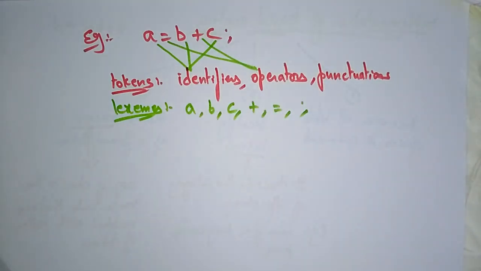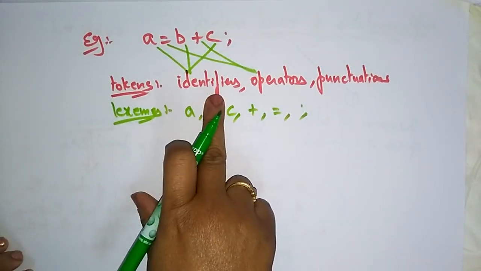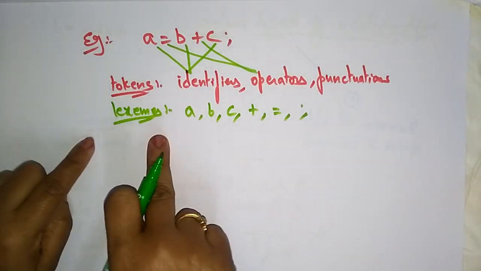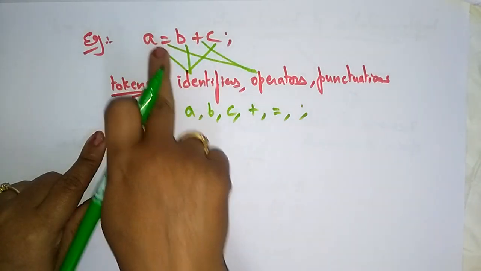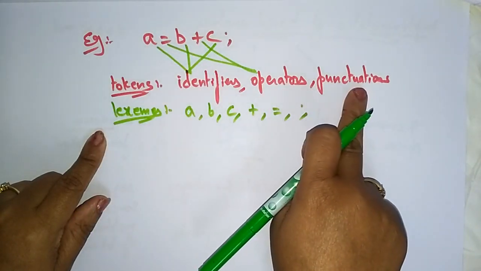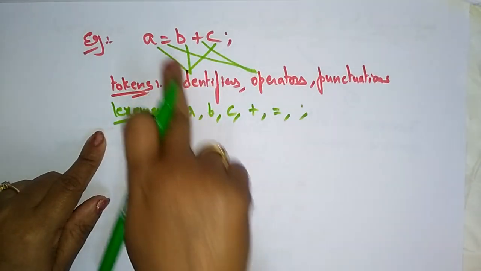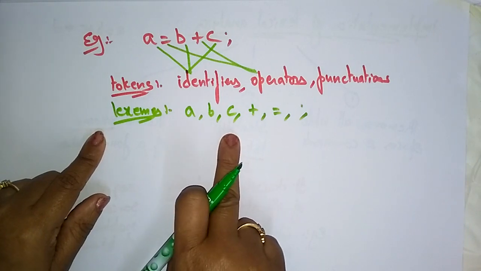These are the lexemes. So in the given source code, the tokens are nothing but the names which describe the category of input string, whereas the lexemes are the sequences of characters in the source code that are matched with the pattern of tokens. So lexemes are nothing but what you just write, the terms that are used in that source code.